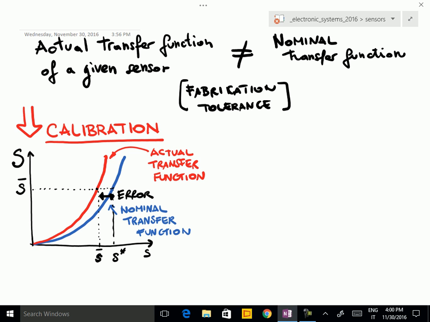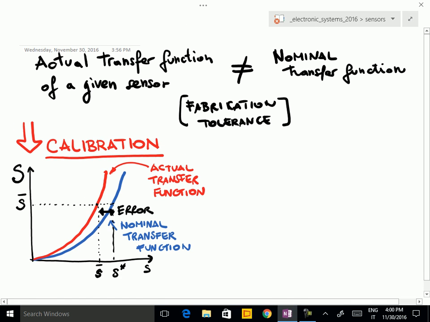Okay, how do we do that? There are two ways. One option is to make a coefficient calibration.